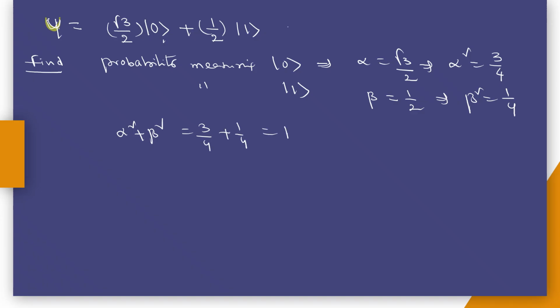So this particular qubit state is normalized, and the probability values are 3 by 4 and 1 by 4. State 0 probability is 3 by 4. State 1 probability is 1 by 4. Here the normalization check is also completed. If you want to check the normalization condition, we need to take the sum of all the probabilities, which must be equivalent to 1.